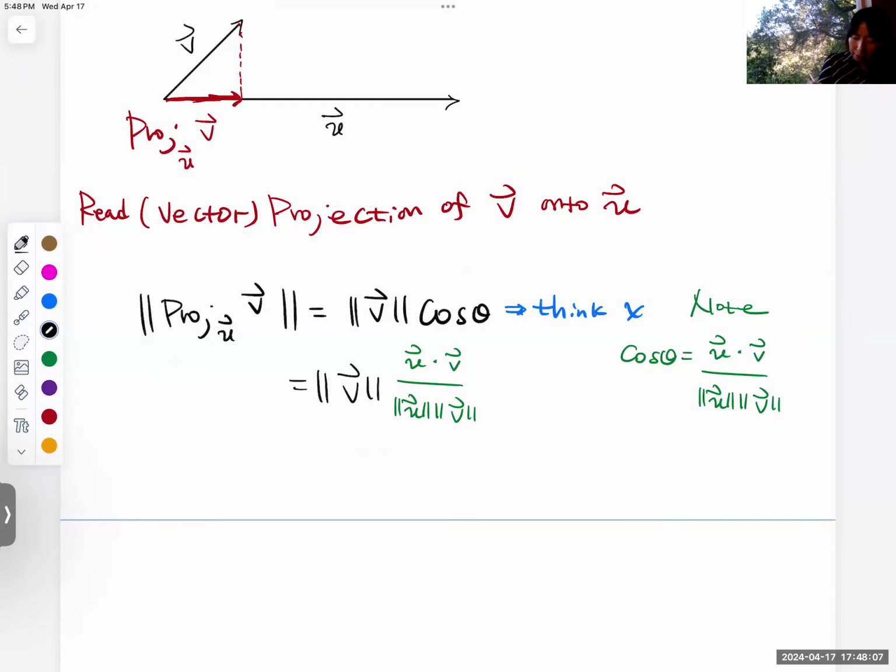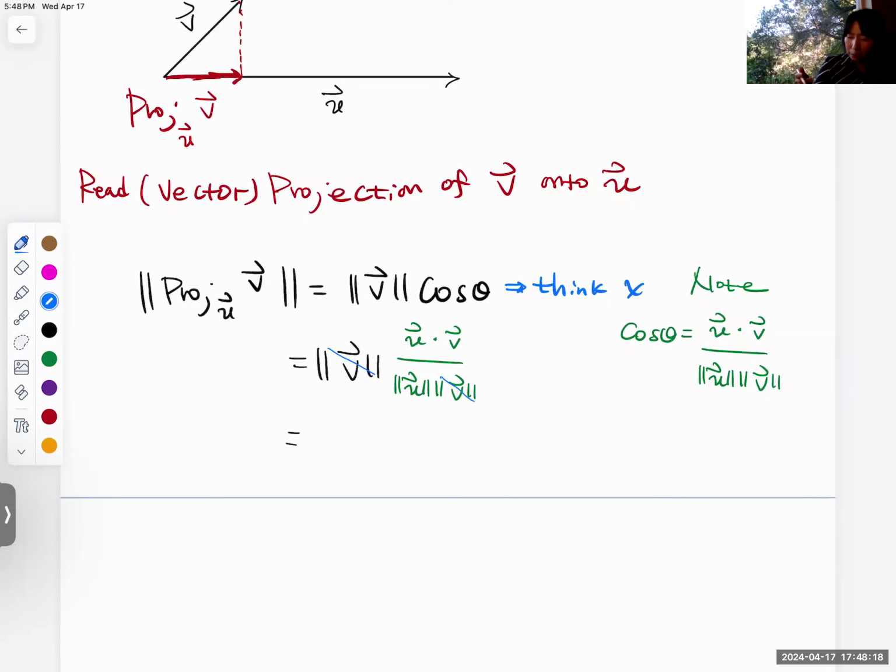Okay, so in that case we can simplify, right? Then we will have only the numerator, and the denominator will have the magnitude of u. So we arrange: the dot product of u and v over the magnitude of u. Okay.